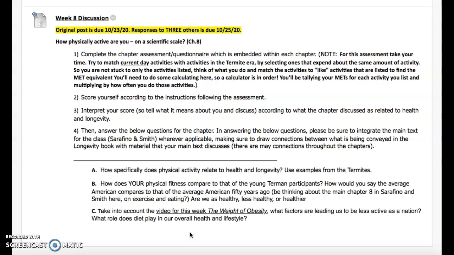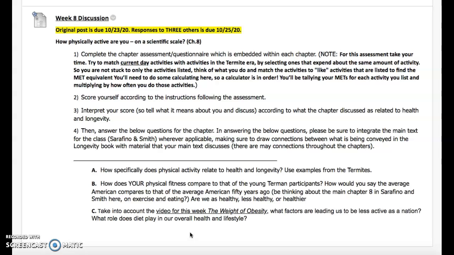It wasn't necessarily the case even that those who exercised every day lived the longest. So what were some of the findings? What was the overall picture of health and longevity? And how does your physical fitness compare to that of the younger Terman participants? You'll read a little bit about what they had to say there.